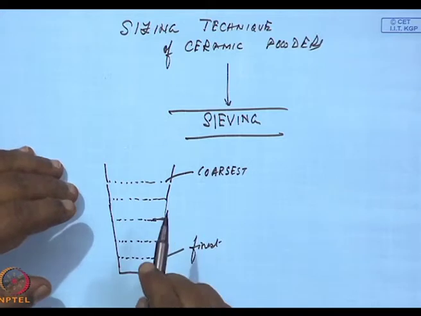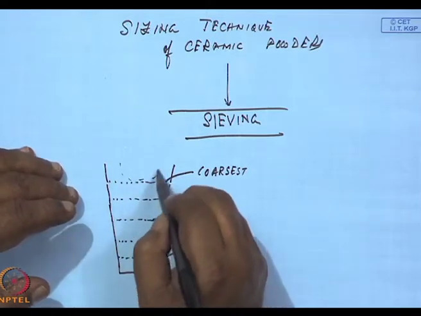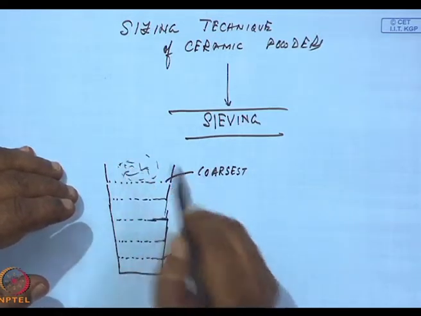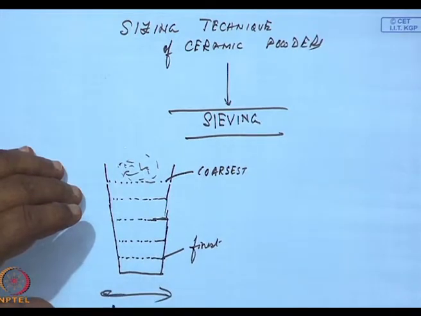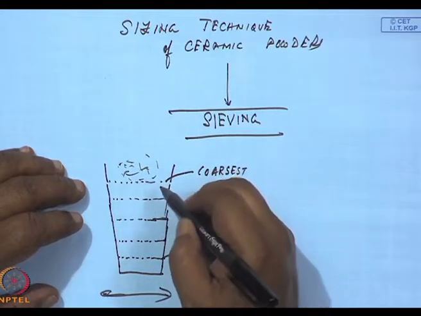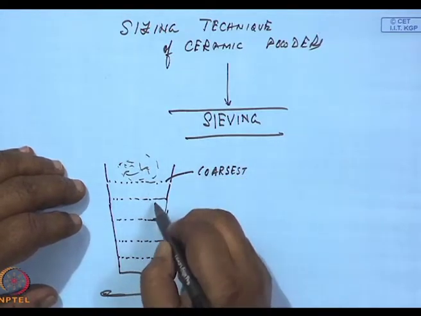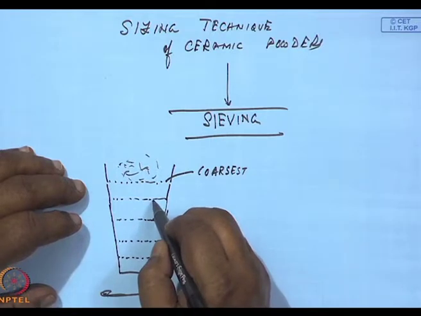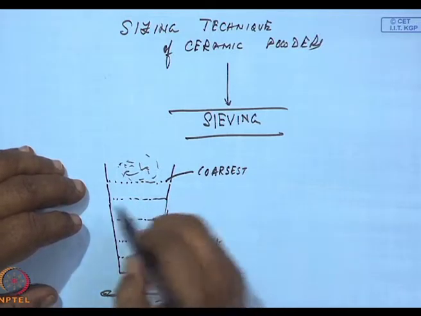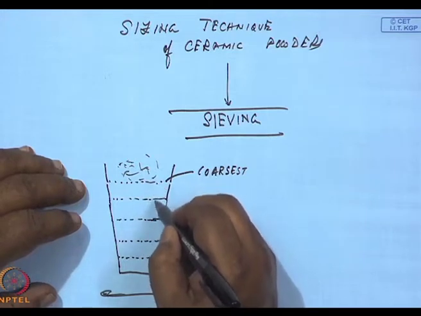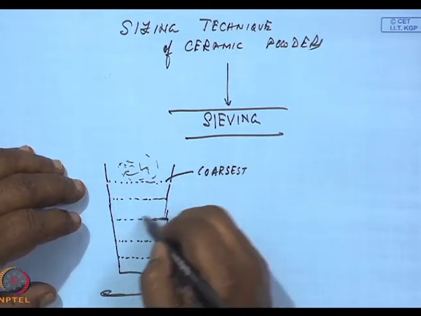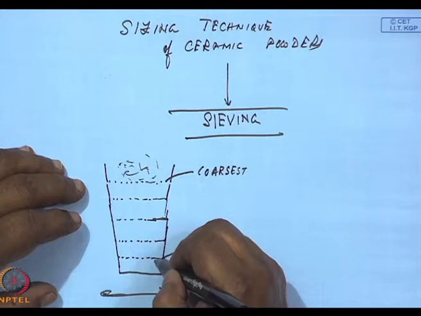The whole idea is, put the powder over here and shake it. As you shake, the powders which are finer than the holes over here will fall down here. And during this process, powders will start collecting here according to size fractions.